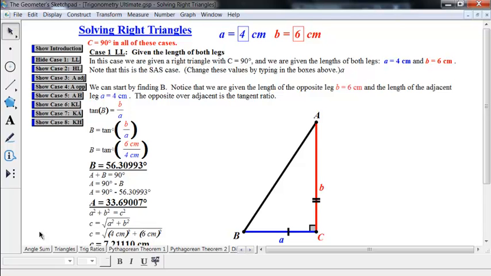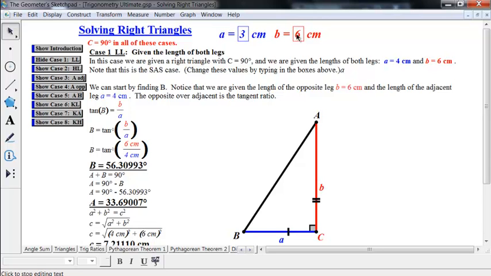Okay, so let's do one here. How about the sides of 3 and 7? So you do one where A is 3, B is 7. When you get it solved, then you come back here to the video and check out your work to make sure you've done it correctly. So press pause now. Okay, now that you're back, we can type our values in.